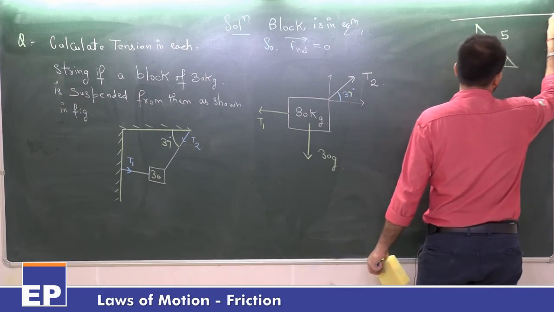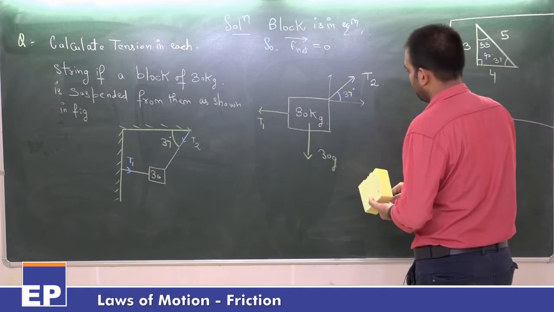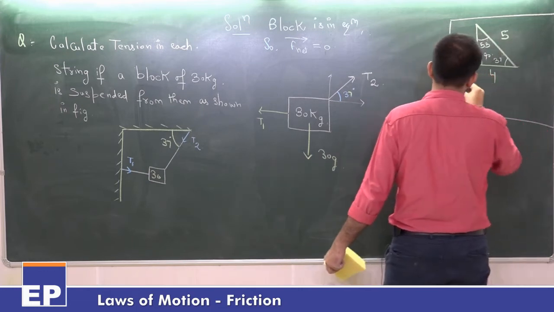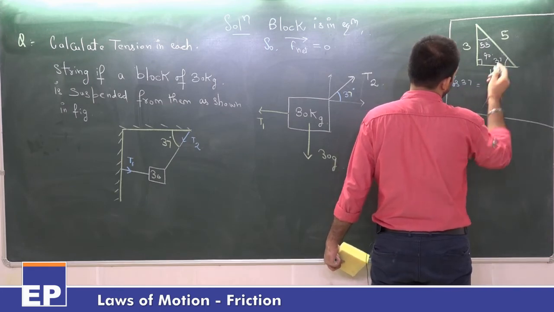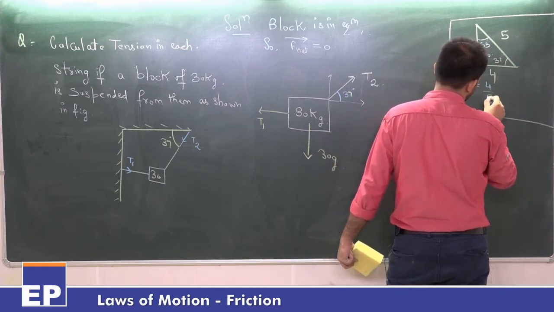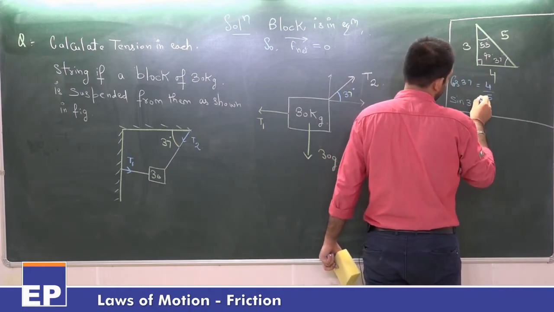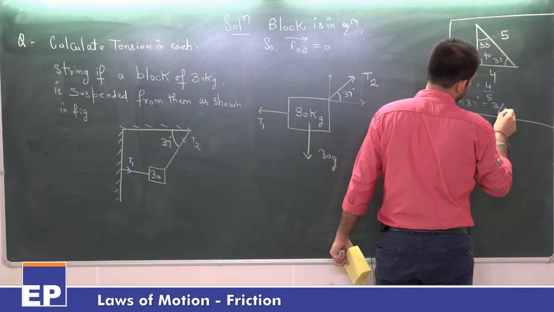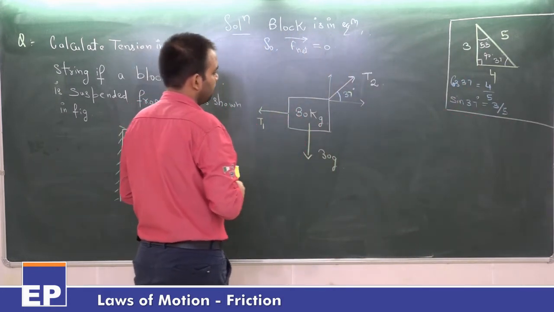So if someone asks me to calculate the value of cos 37, that is 4 by 5. What is sin 37? 3 by 5 and so on.